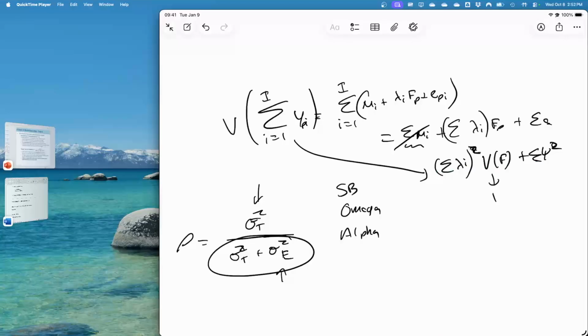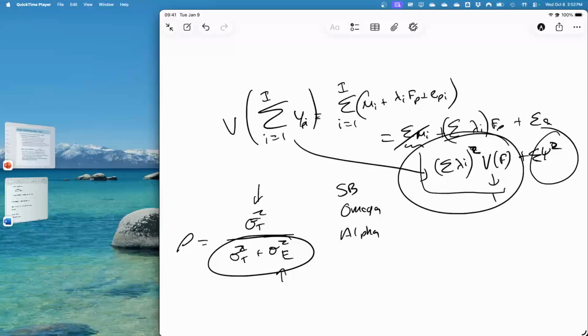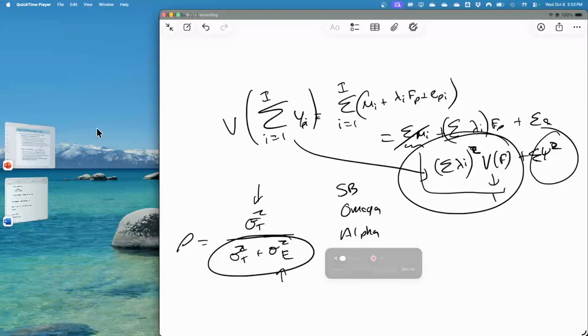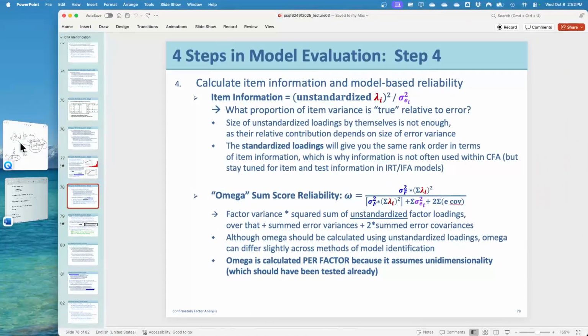So what I'm getting at here is if you look at these two parts of the model, this up here deals with the true score. This is the variance of error. And in the factor analysis model, that's how we actually can calculate the sum score reliability.